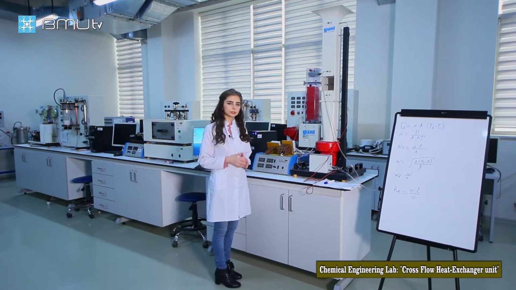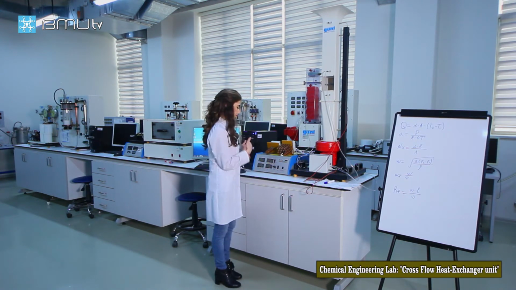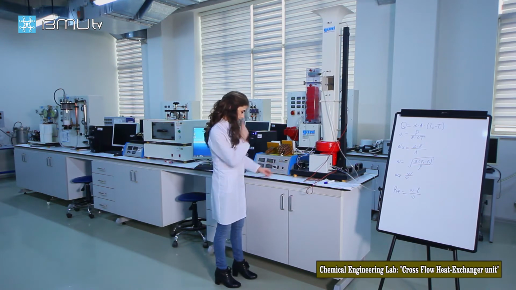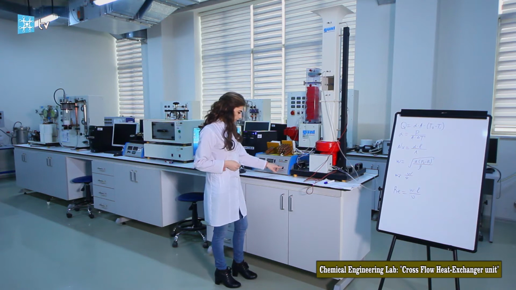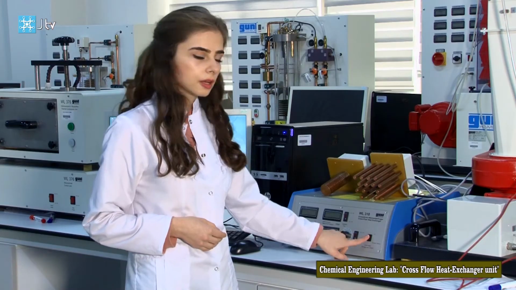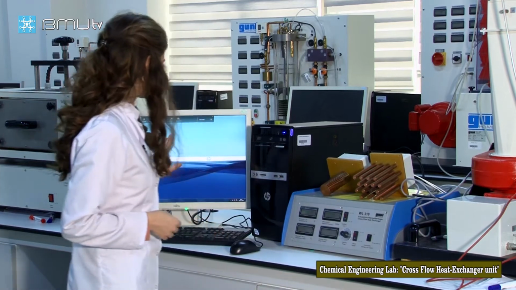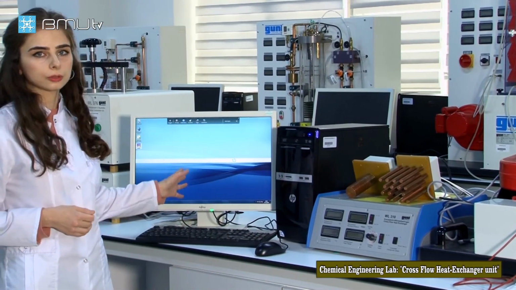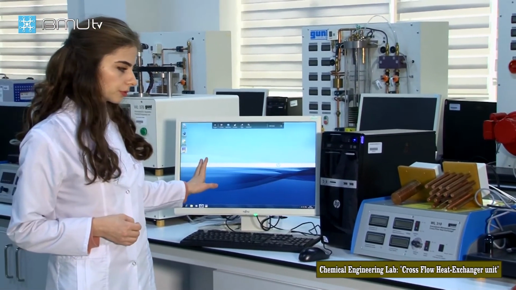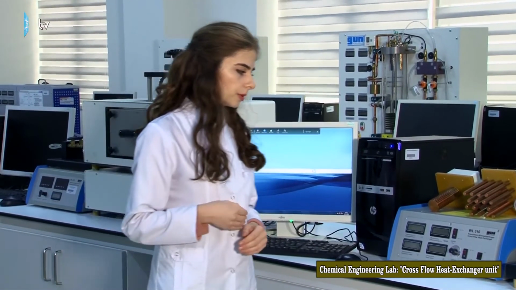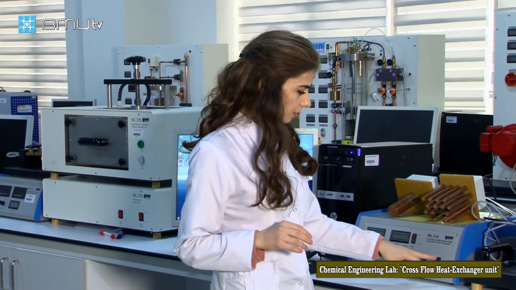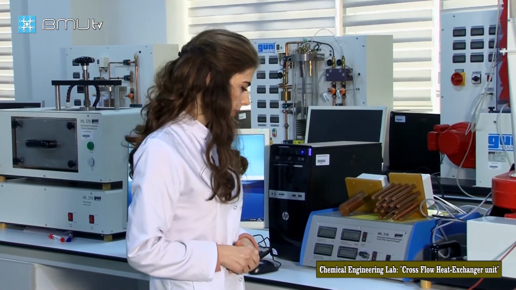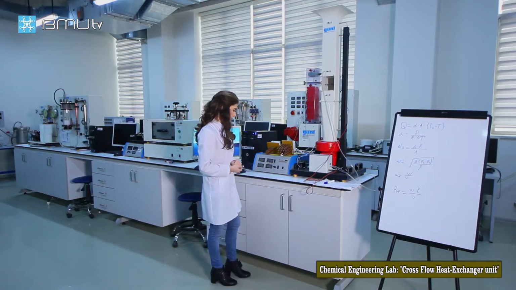But if you want to use the computer, when we switch this button to PC, we need to set the target temperature value in the software, and the computer will regulate the power by itself. But in our experiment, we'll put it on manual, and we'll do our experiment manually.